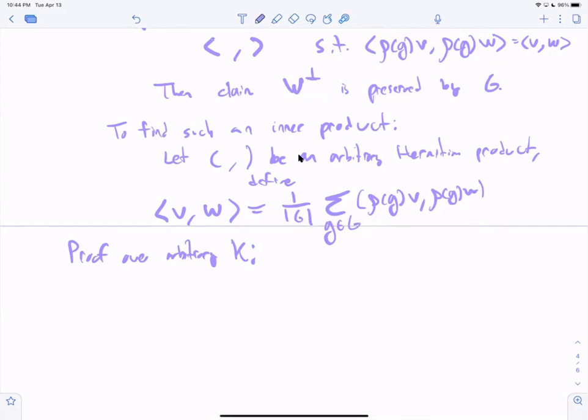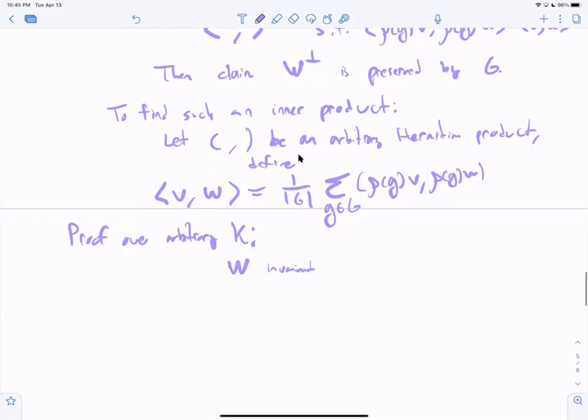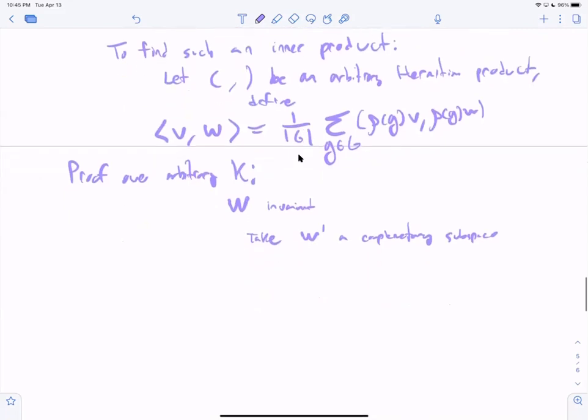And so what you can do is, if you have an arbitrary k, and if W is invariant, then you can take W prime, a complementary subspace, and then take the projection operator pi.